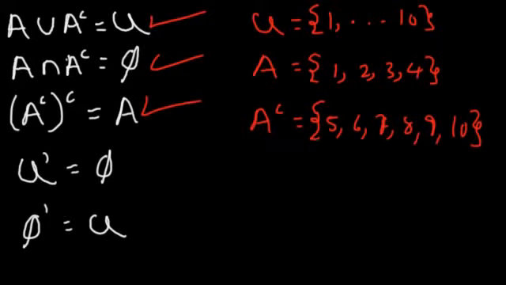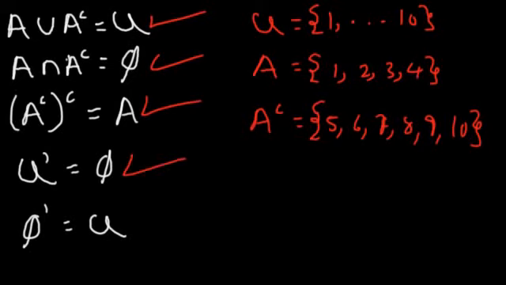So let's move to the next one, which says U complement is equal to the empty set. U complement means elements that are not in the universal set. The fact that we don't want elements in the universal set means we are not going to be left with anything. So that's how we got the U complement to be an empty set.